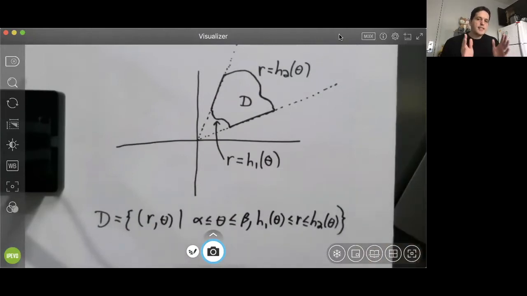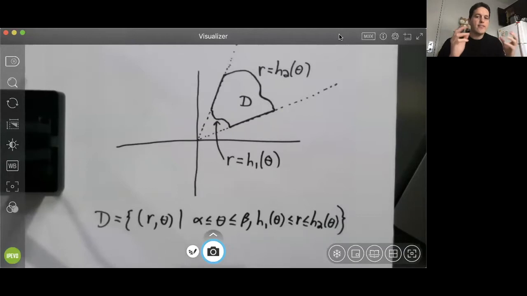And just as a polar rectangle is analogous to a rectangle, a polar region is analogous to a type 1 region. So our situation is similar to what we did earlier when we had to learn how to integrate a function f of x y over a type 1 region. At that point, we already knew how to use Fubini's theorem to integrate over a rectangle.